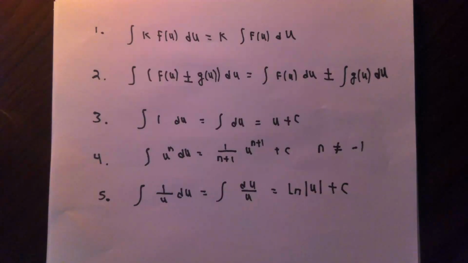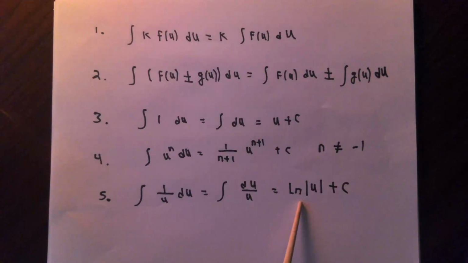In the case where n is -1, the integral of u to the -1 would just be the integral of 1 over u, which in the first semester we said was the natural log of the absolute value of the variable plus a constant. Some people, again thinking of this as multiplication, would write it in this form.